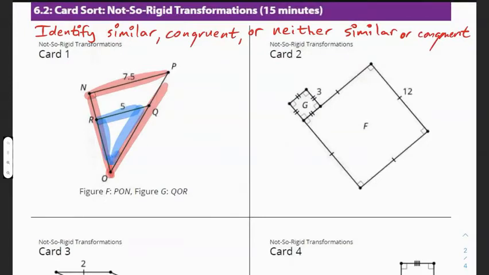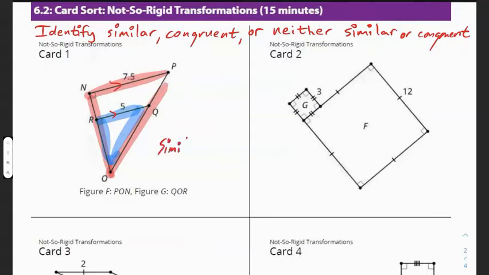It looks like it's going through some kind of dilation, and each side appears to be parallel or collinear. So these two figures, I would say, are similar.